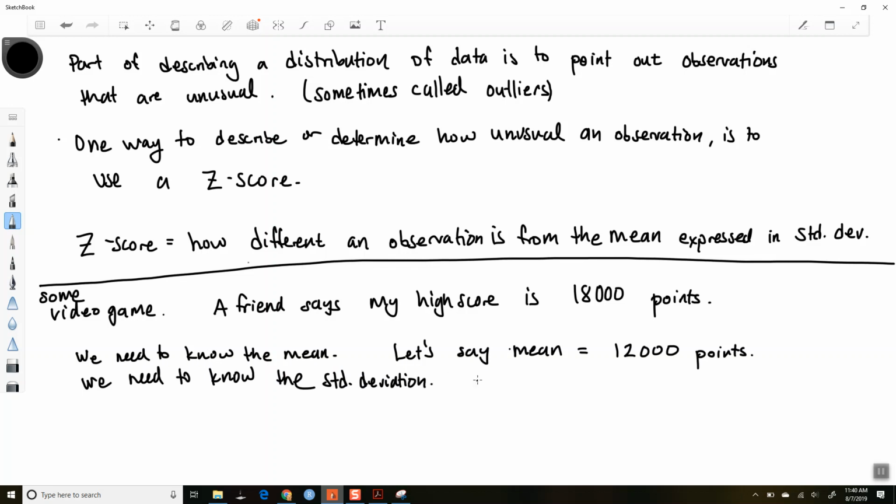Okay, so the standard deviation, let's say, is 3,000 points. Okay? So, what is our friend's z-score? How different an observation is from the mean expressed in standard deviations? His z-score is what?